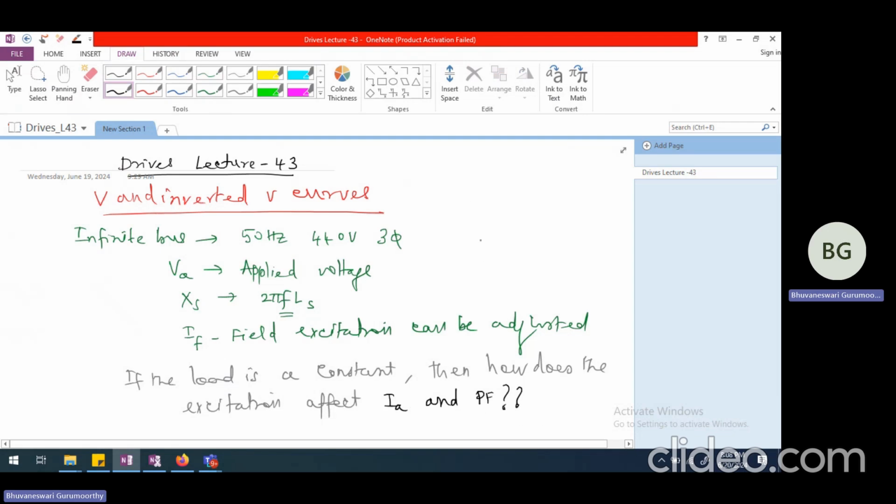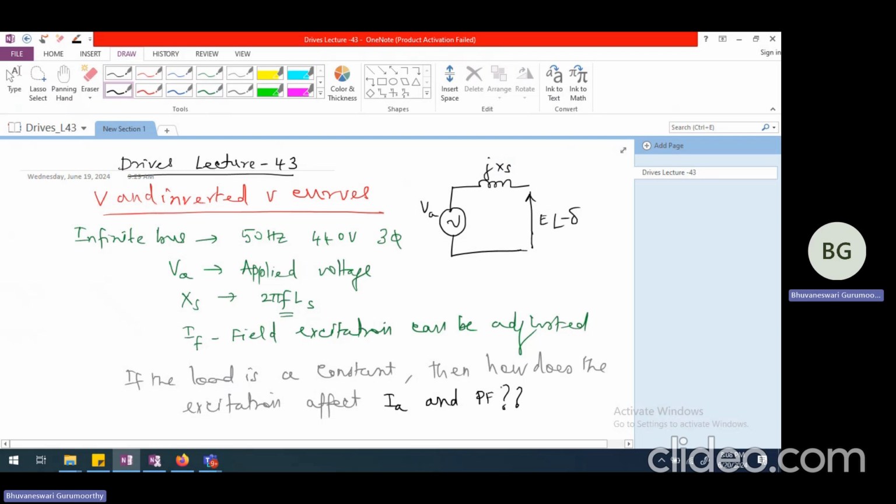So let us say here is my voltage that I'm applying from the infinite bus to the synchronous motor drive. And here is the synchronous reactance of the synchronous motor drive. And this is E angle minus delta, which is the excitation voltage.